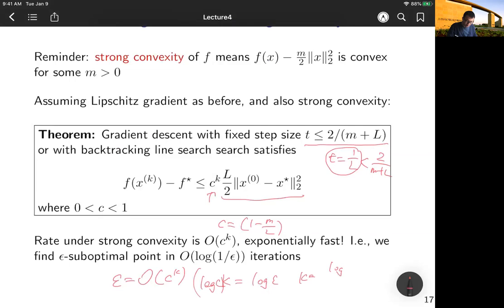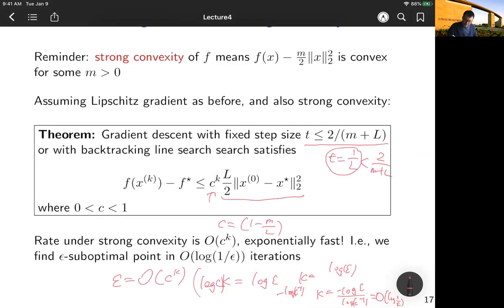Since c is between 0 and 1, this is equal to minus log c inverse. Now minus log c inverse is something positive, then we can move it to the other side and get k equal to something like c inverse, and this is on the order of log 1 over epsilon.